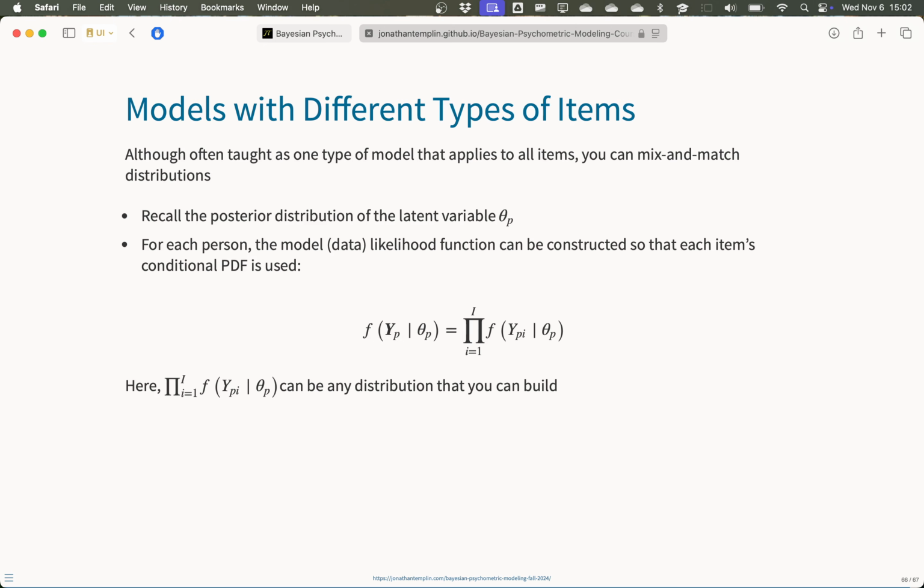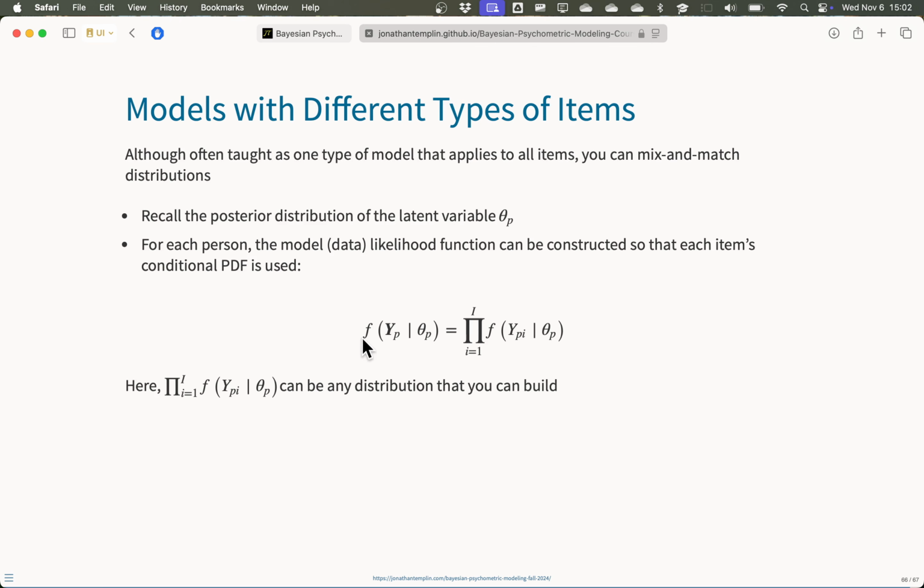So we could do this for any type of item, and I want to make this other point. Here we saw three different types of models. We saw a binomial only, where every item had a binomial distribution. We saw a graded response, where everybody had an ordered logistic distribution. And we saw a nominal response, where each item had a categorical logistic distribution, effectively. But there's nothing stopping us from mixing and matching.